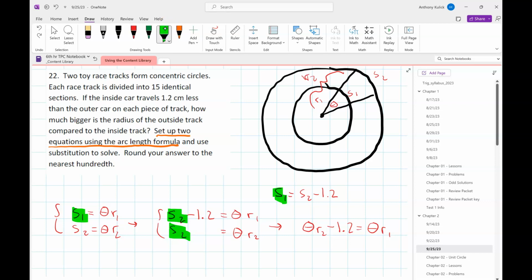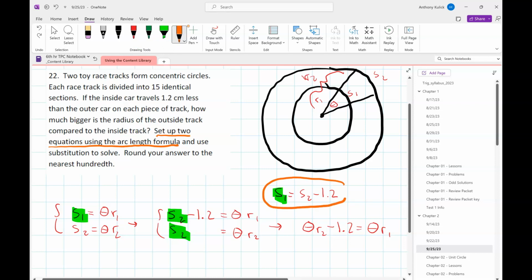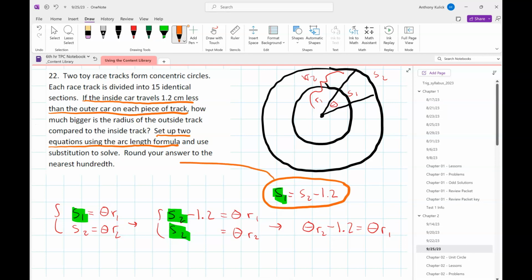What I then did, Alondra, is I used this fact that we were told about here, and I substituted it in for the S1 here. That gives me the new set of equations right there.